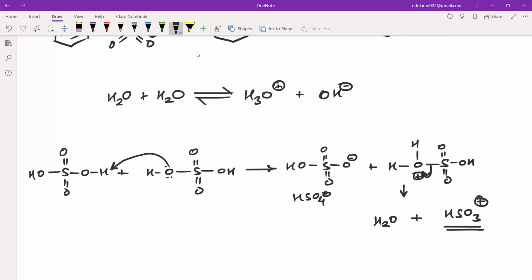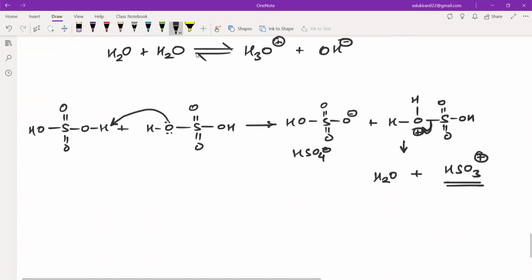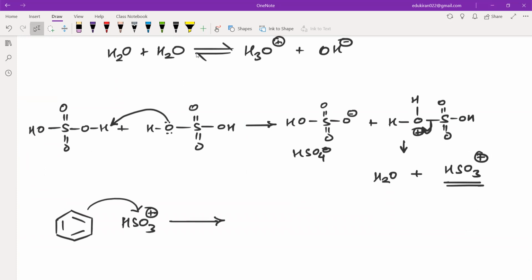Now this HSO3 positive can also act as an electrophile and can be attacked by the benzene ring for the formation of benzene sulfonic acid.